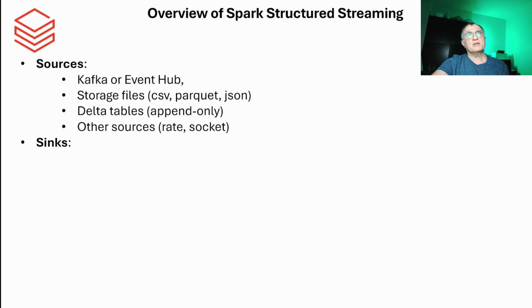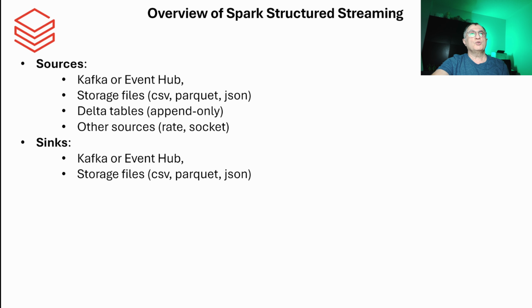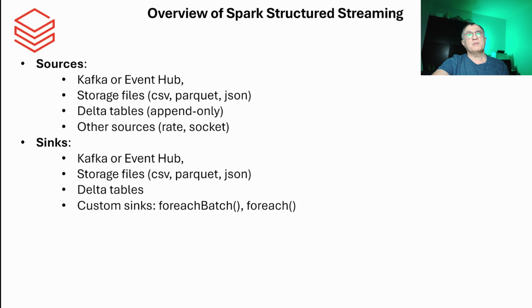In terms of sinks or destinations, you can write your streaming into Kafka or Event Hub. You can also write into storage files and Delta tables. There are some custom sinks, like foreachBatch and foreach. These constructs allow you to overcome some of Spark Streaming's limitations.